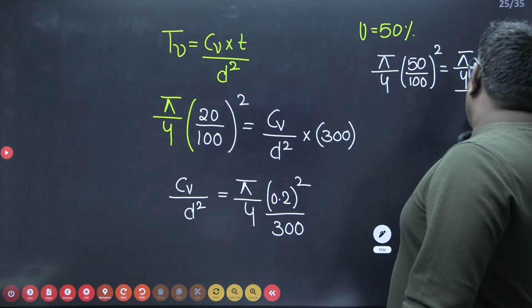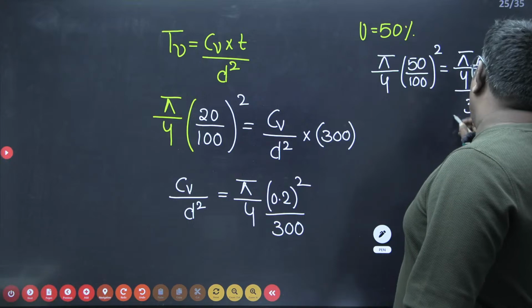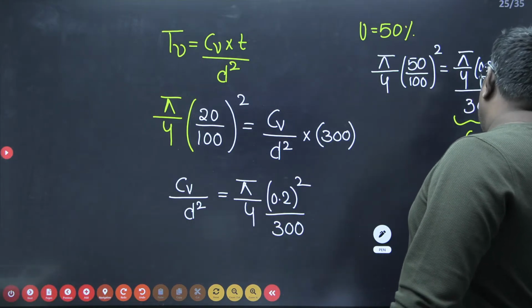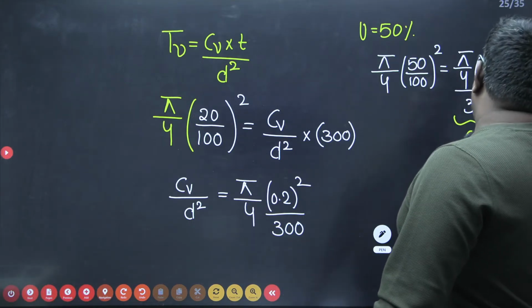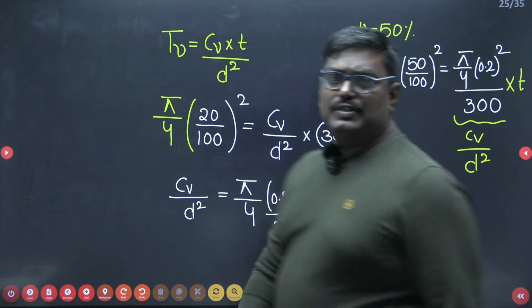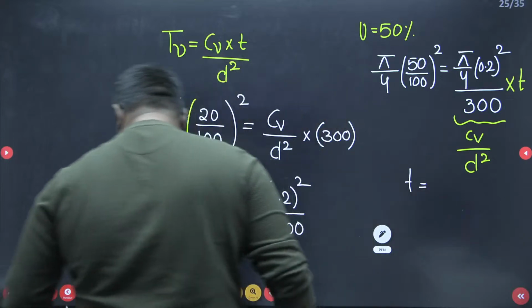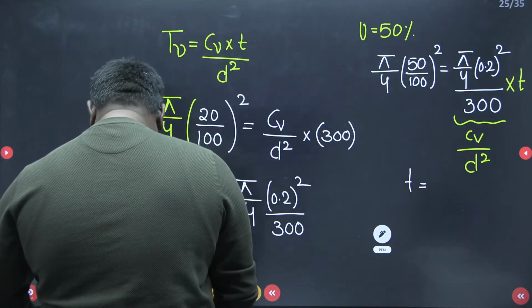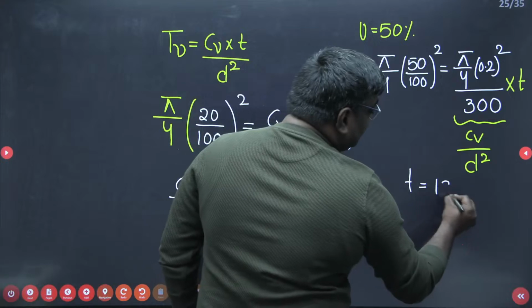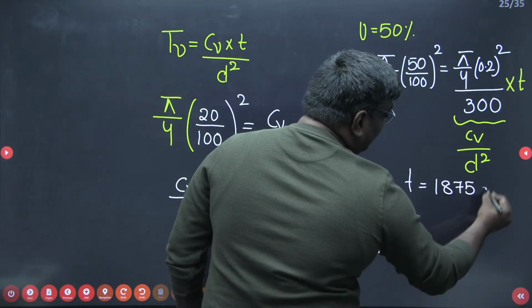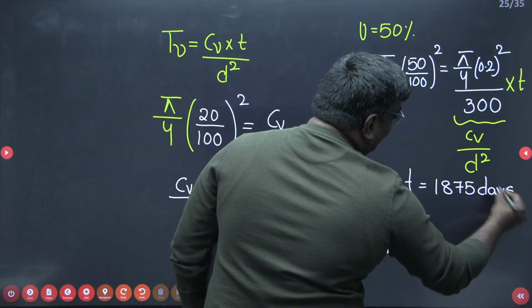This is the value of Cv by d square. Now what will be the time t? If I calculate here, you will get a time value of 1875 days.